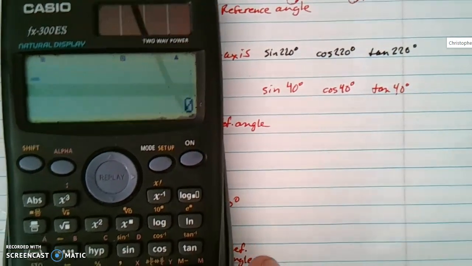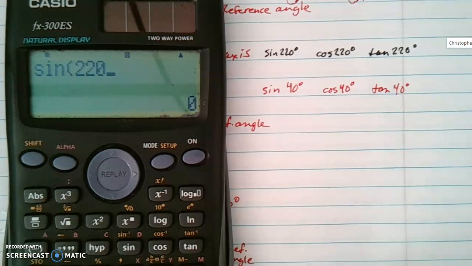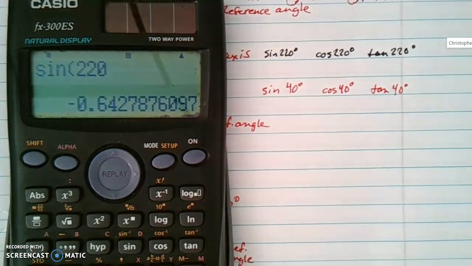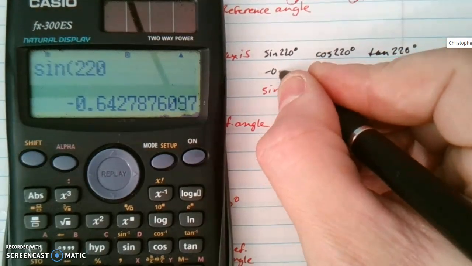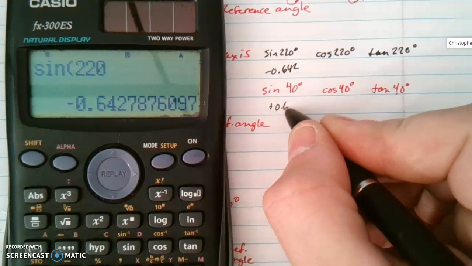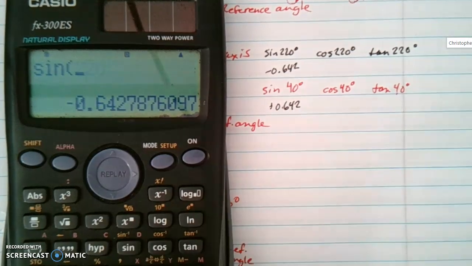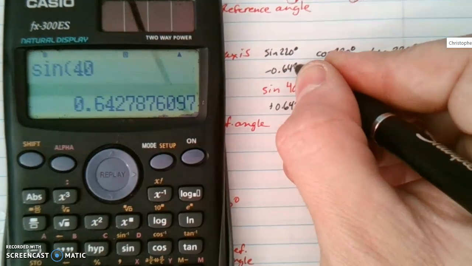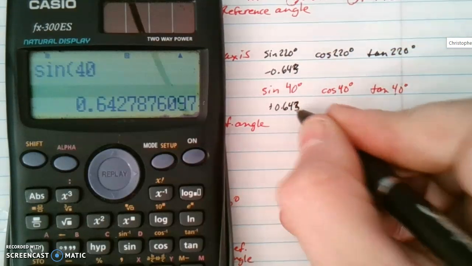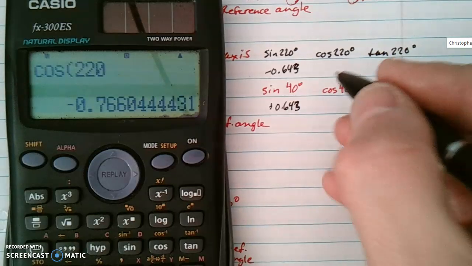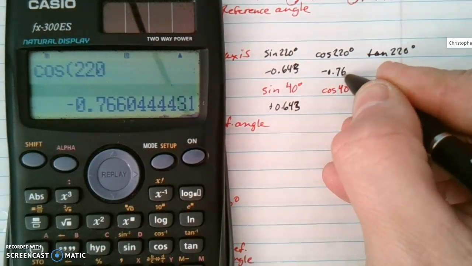Let's see. So I'm going to type sine of 220. And what do I get? I get, for this one, negative 0.642. And for this one, I'm going to get positive 0.642. Let's see. What do you know? Isn't that neat? Okay, 643 actually, if I round correctly. Let's do cosine of 220. What do we get? Negative 0.766.